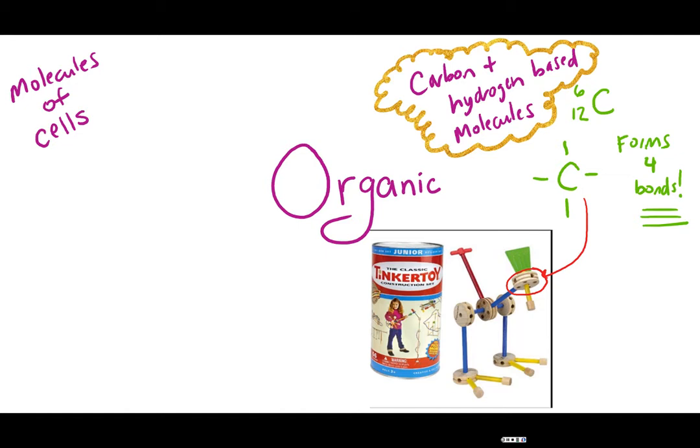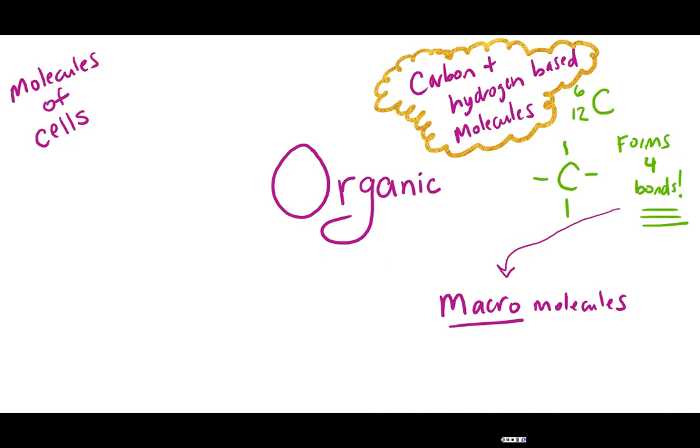You can get these really big, complicated, elaborate molecules. And so we will see that our organic molecules are bigger than what we've looked at so far. So far, the biggest thing we've really looked at is water molecule, which is 3 atoms. Macromolecules, big molecules, are going to have much more than 3 atoms as part of their structure.